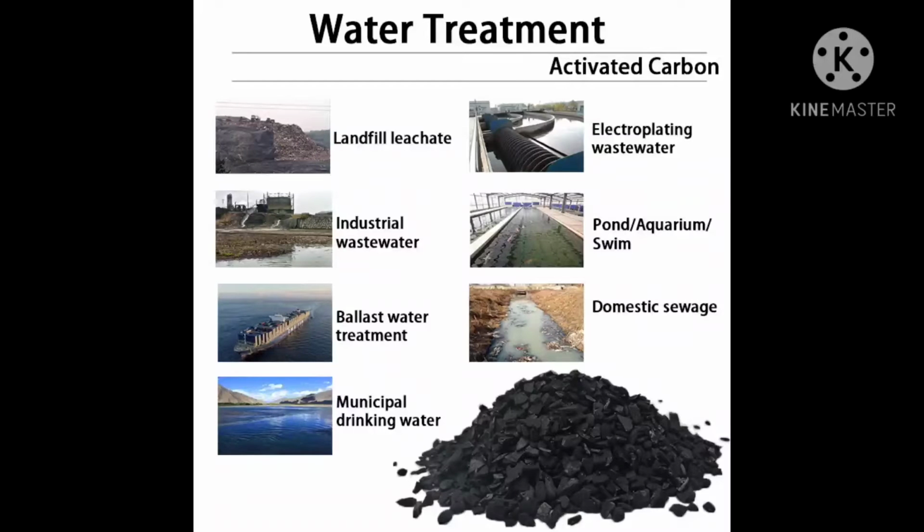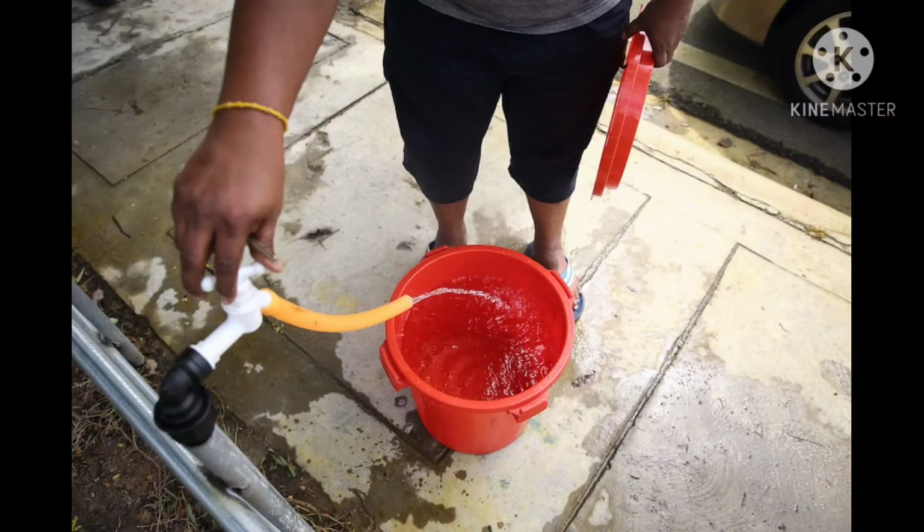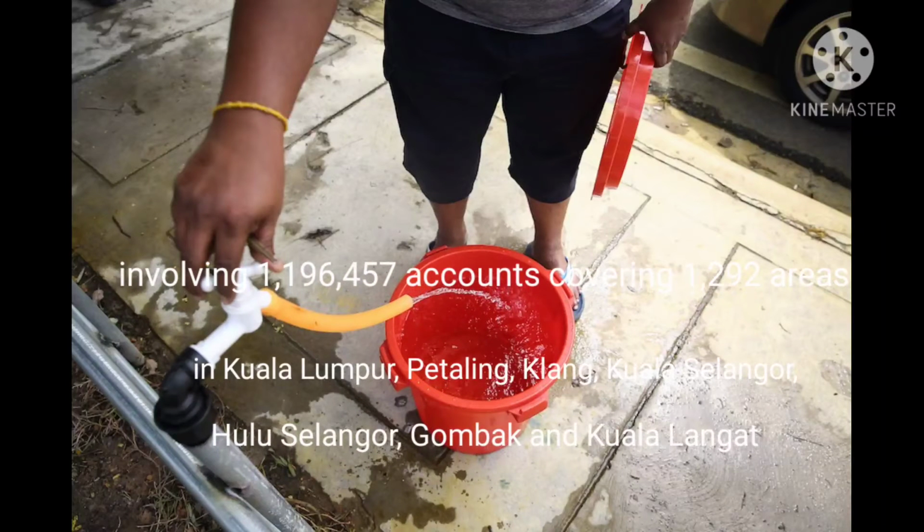The pollution of the river was detected on 19th October 2020, and the termination of the work of these 4 plants has caused an unscheduled water supply disruption involving 1,196,457 accounts covering 1,292 areas in Kuala Lumpur, Petaling, Klang, Kuala Selangor, Hulu Selangor, Gombak and Kuala Langat.